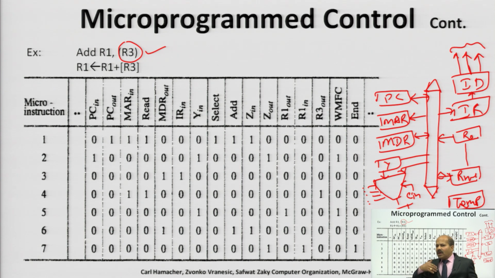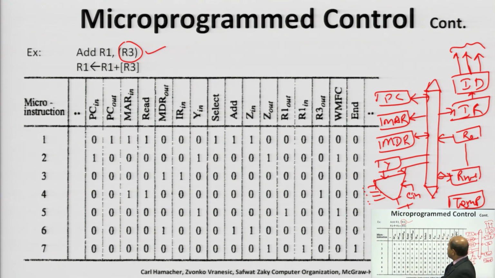Now, if we take the example of this instruction, what are the control steps required to execute it? Based on control steps, for example, in the first step these components are working, so we will assign 1 and the remaining zeros.